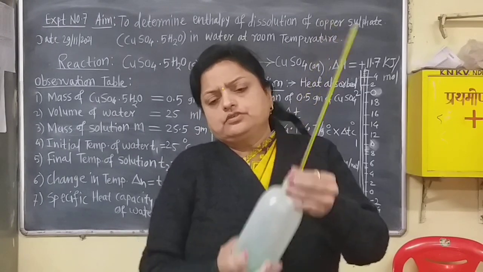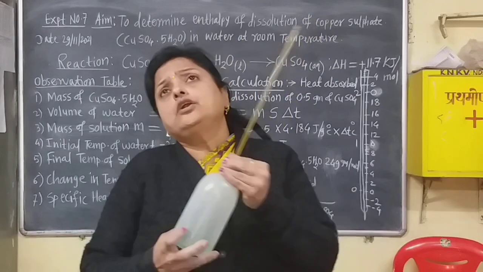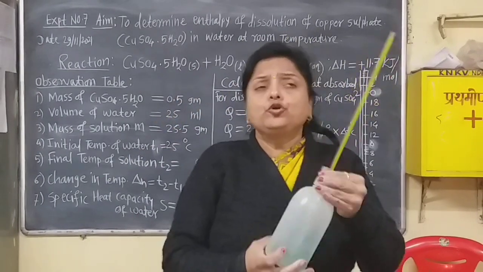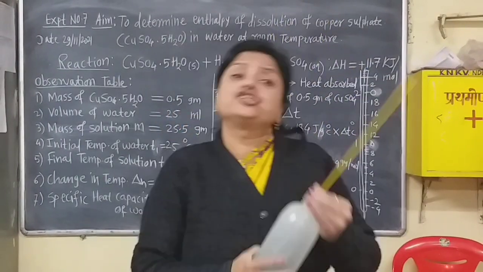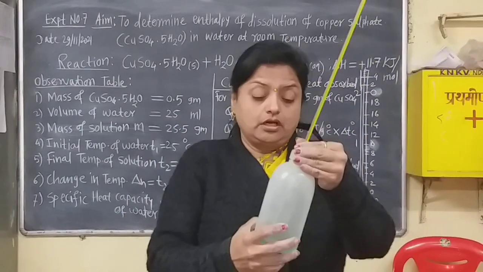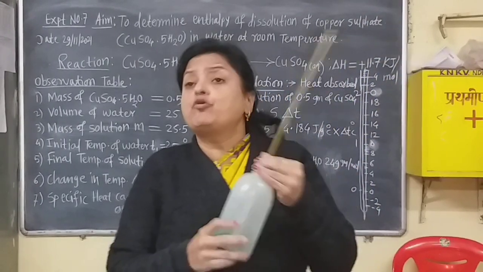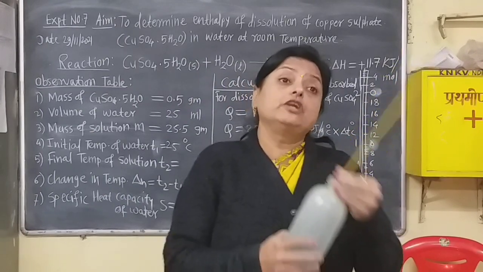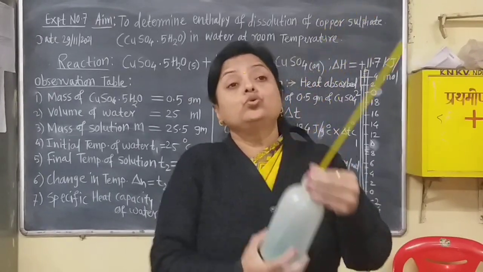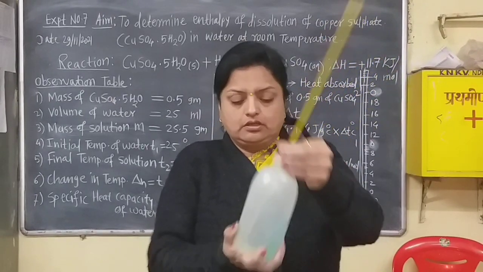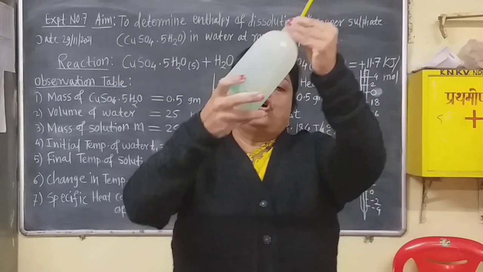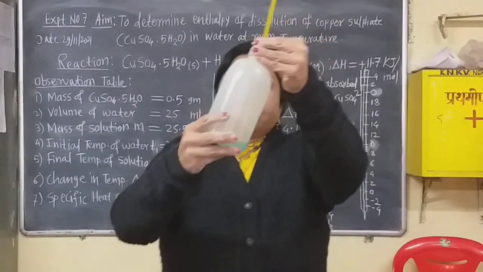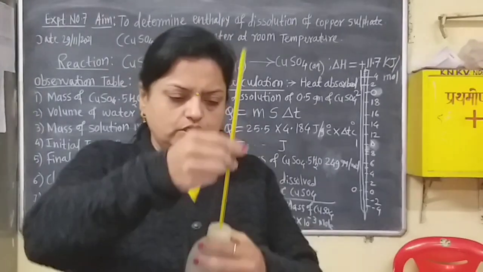Generally 1.5 to 2 degrees centigrade temperature decreases, or in between, suppose 1.7, 1.9, 1.2, such type of decrease will be there. Now all this copper sulfate gets dissolved here.